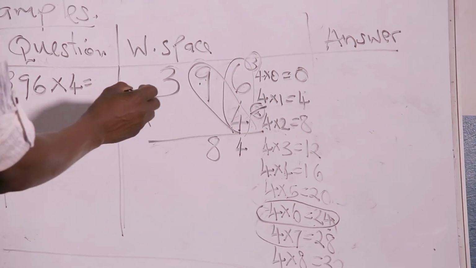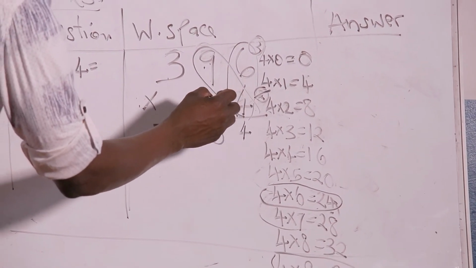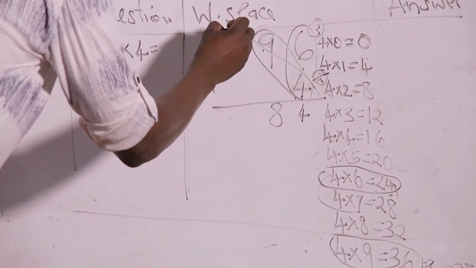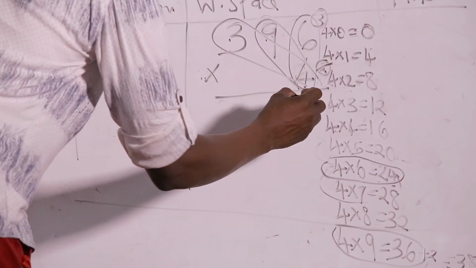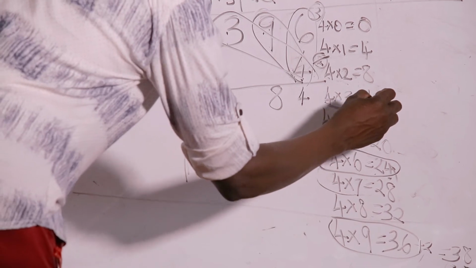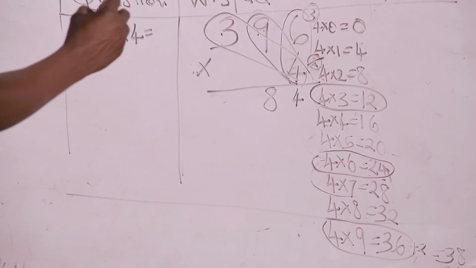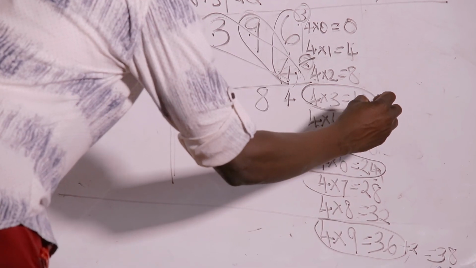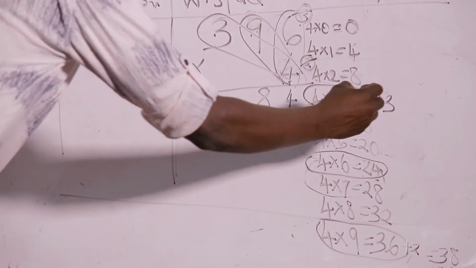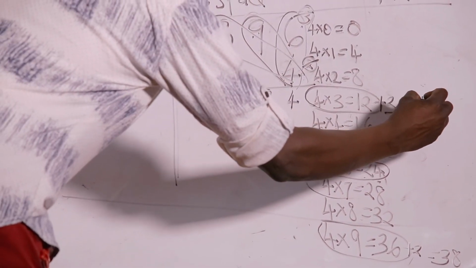Then the last one is 3 times 4 or 4 times 3. We have 4 times 3, it is giving us 12. And we were carrying 3. So you add that 3 here and you cancel that 3. You are going to get 15.